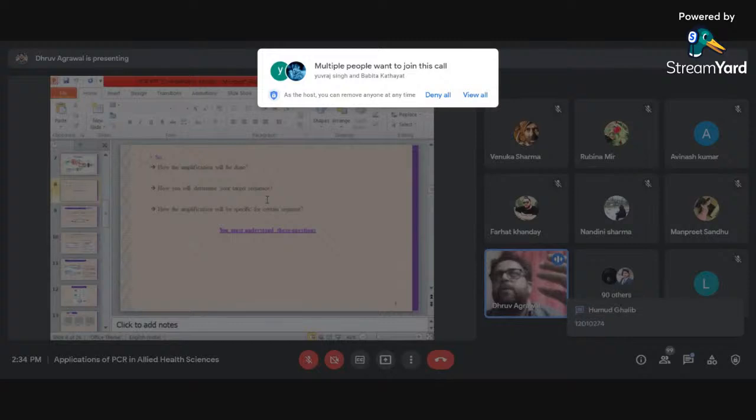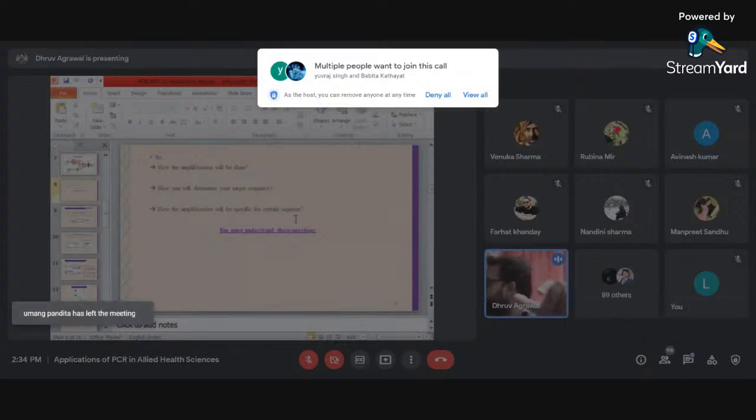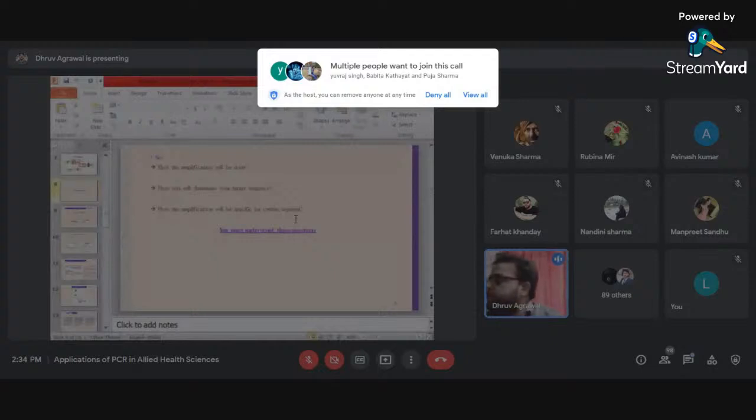Then, how the amplification will be specific for a certain segment. Okay, fine, I have done the PCR and everything is done, but how can I make sure that the product I have is that specific gene only for which I was looking? That is also important. Maybe you were looking for insulin and you ended up with something else. Then the whole process and the whole purpose is lost, right?